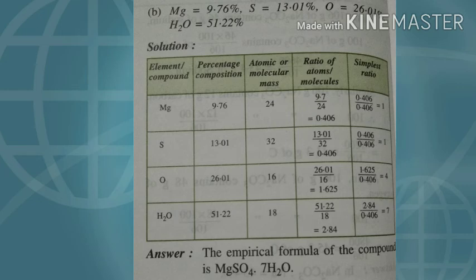Then, as I told you, the water molecule is the water of crystallization. So we can write it as 7H2O. Mg1S1O4 can be written as MgSO4. Then we have the water of crystallization as 7H2O. So the empirical formula of the compound is MgSO4·7H2O. Got it? It will be more clear to you when we practice more and more examples.